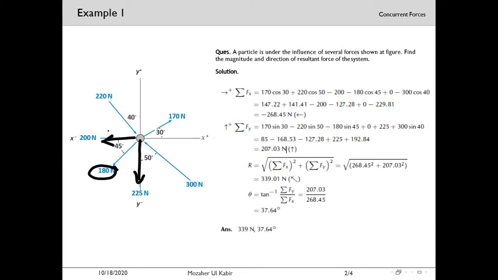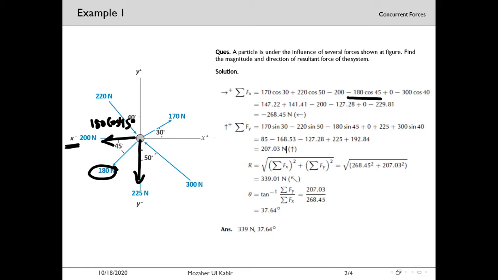So the value of the x-axis component for this 180 Newton force will be 180 cos 45 degrees. Let's write it over here, 180 cos 45. And as it is acting leftward, according to the sign convention, the component's value will be negative, so we consider minus.